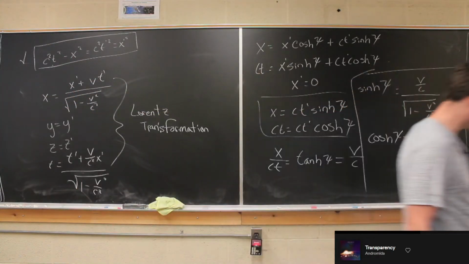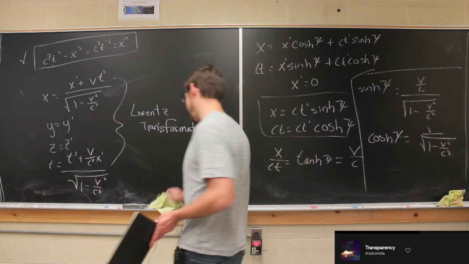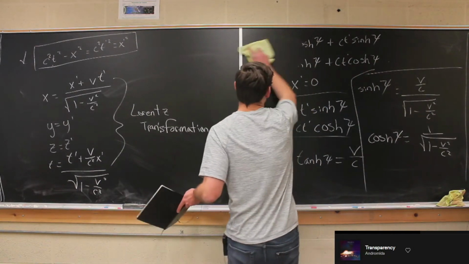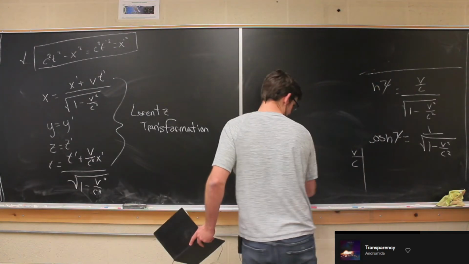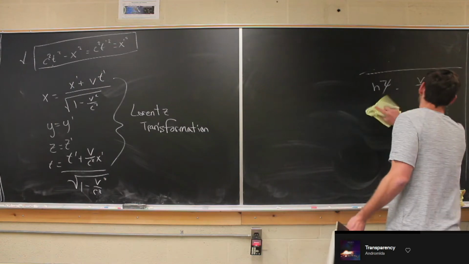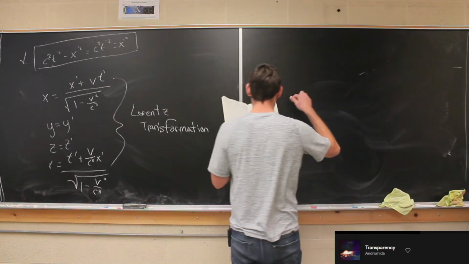So now, if we want to talk about lengths, we can talk about these coordinates and how they're going to be changing. Because measuring a length is really just measuring the difference between two coordinates, right? So we're going to be using x2 minus x1 and then x2 prime minus x1 prime. So let's write those down.